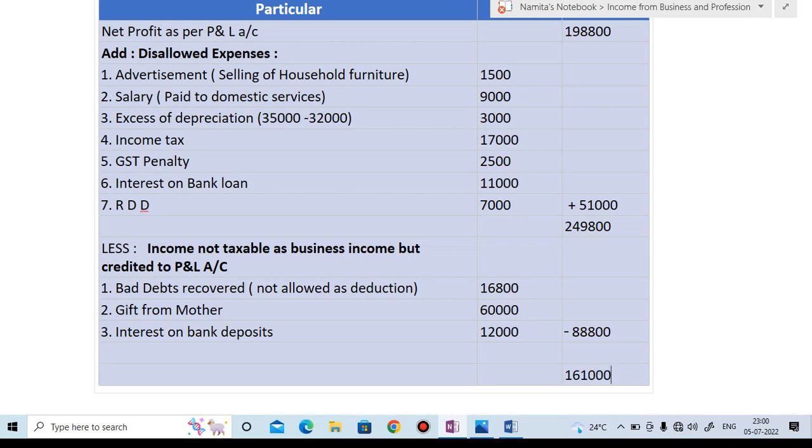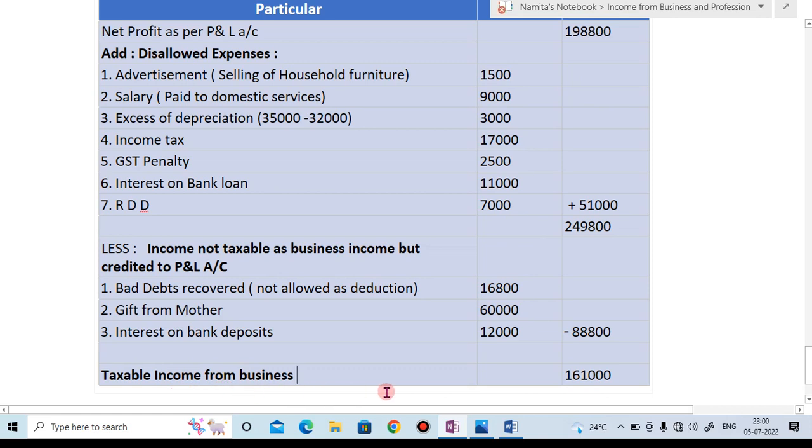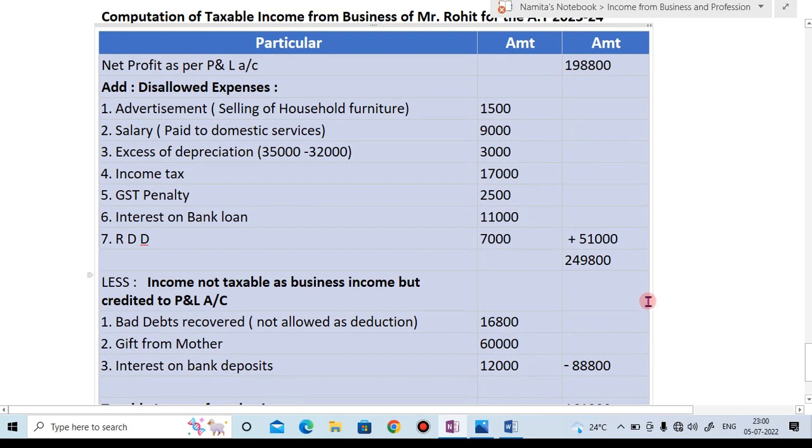Okay, 1,61,000 is our taxable income from business. So in this way you have to compute the taxable income from business.